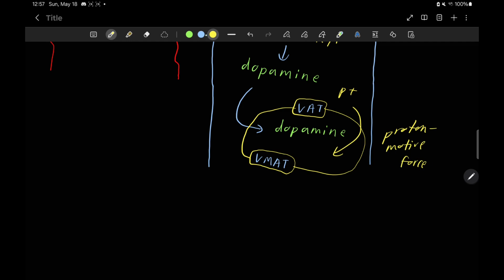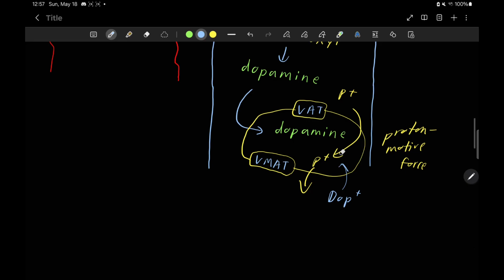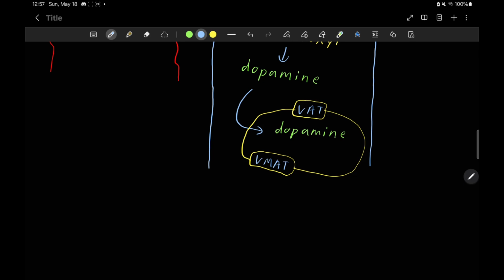Then your second enzyme, VMAT, can exchange the positive protons inside your vesicle for positively charged dopamine. So it pumps out protons and it pumps in dopamine. And this process results in dopamine being stored inside your vesicles. So this is how we produce and package dopamine.